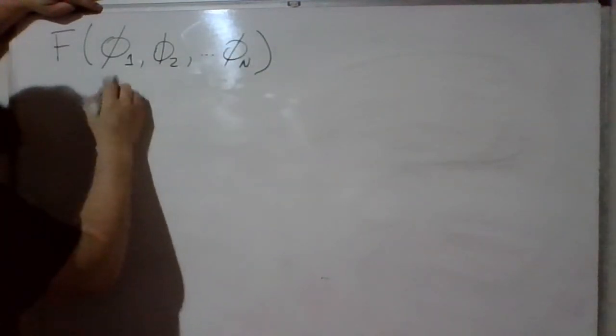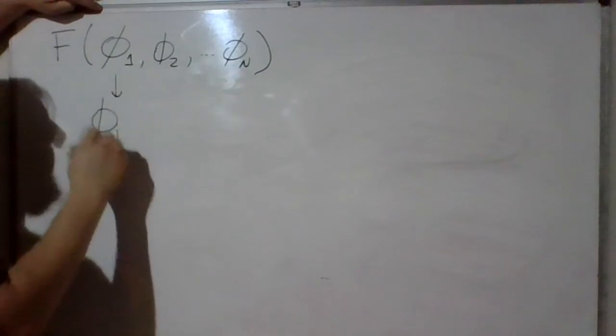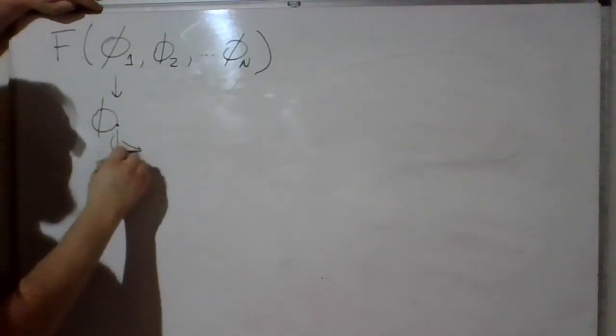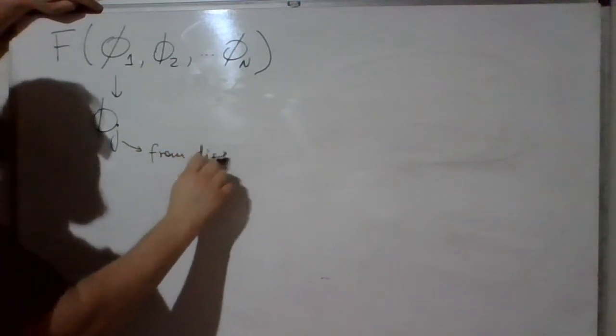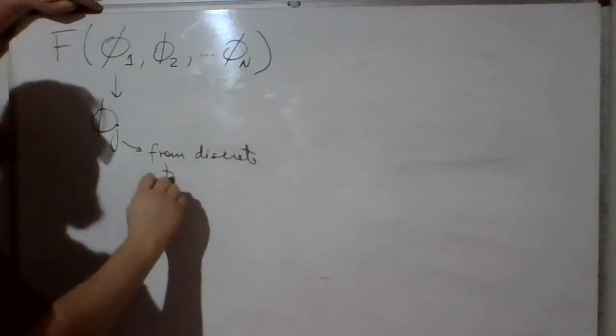You make these indices, phi of j, this j going from discrete to continuous.